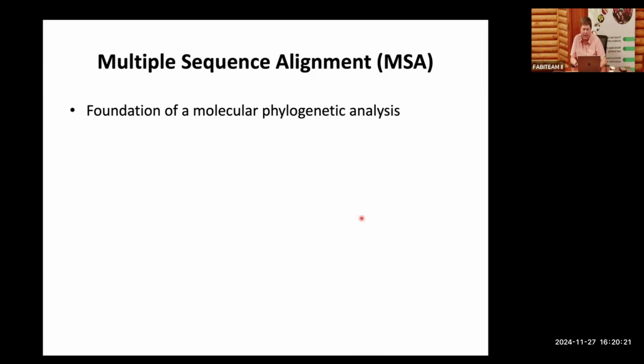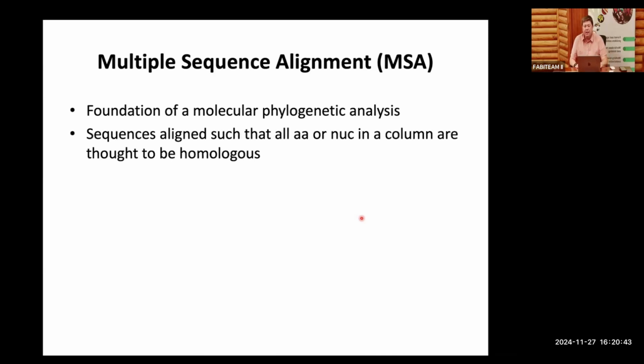That is really the basic. We can do phylogenetics on morphological or phenotypic characters, but in terms of molecular analysis, you need a sequence alignment. Of course, when it's phenotypic data, you have your phenotypic characters and you have your character states for that specific character in a column. Here we align our amino acids or our nucleotides such that all of them are in a column that is thought to be homologous.